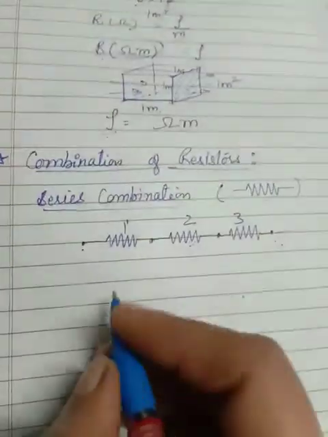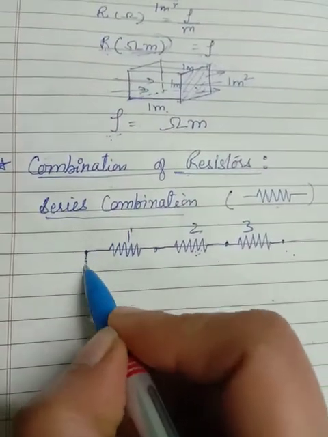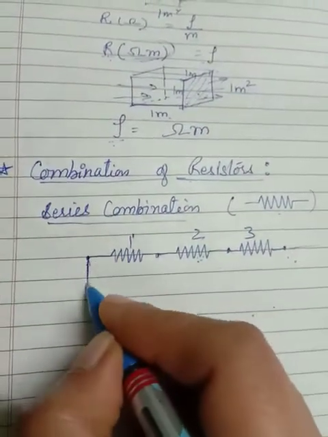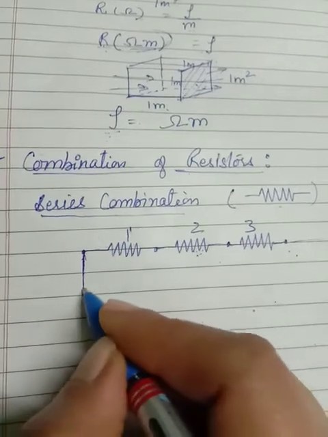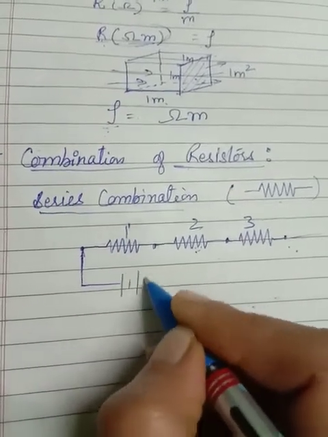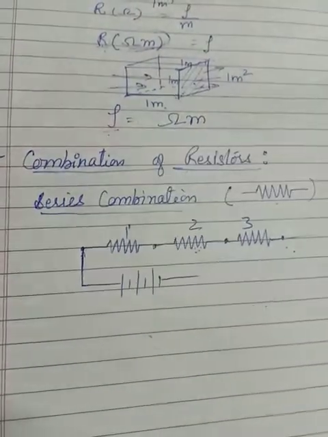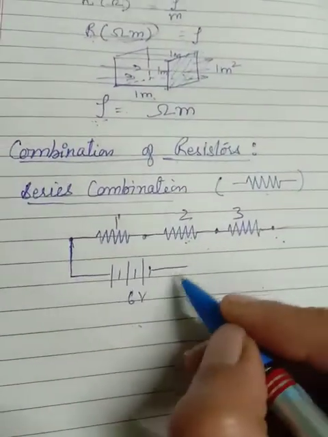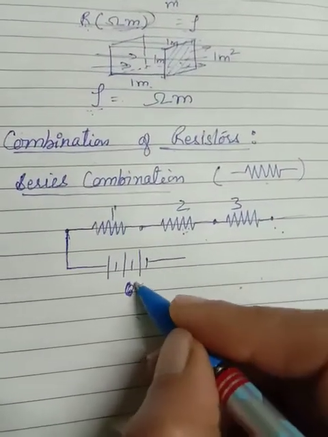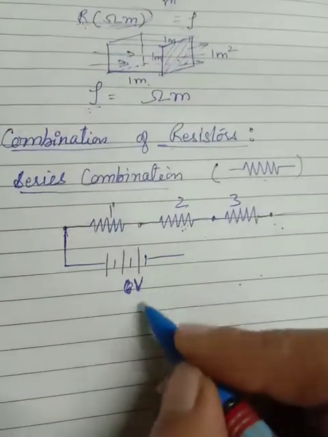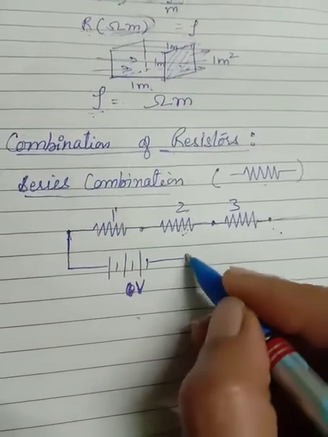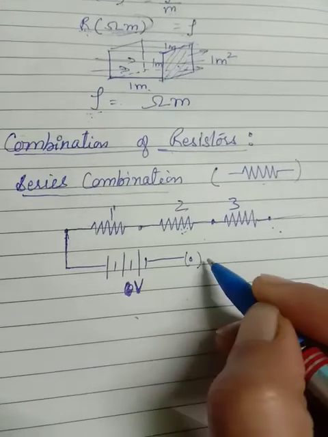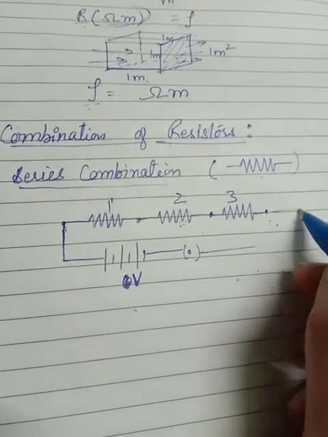So let us take one example where, in the same way, I am making a circuit. Let us suppose here we have applied a battery of, let it be 6 volt, or let it be any potential V. In general we are calling it any potential V, and this is a switch.